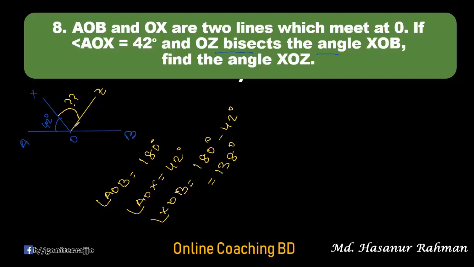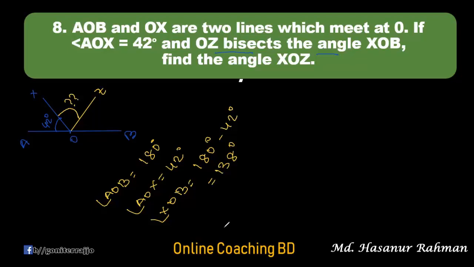So now OZ, this is another line. This bisects XOB. So what does bisect mean? Bisect means this straight line OZ divides this angle XOB into two equal parts. That means bisect means divided by 2.